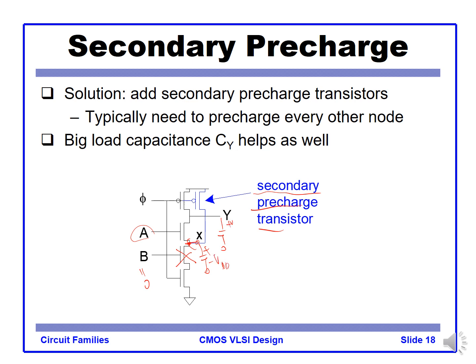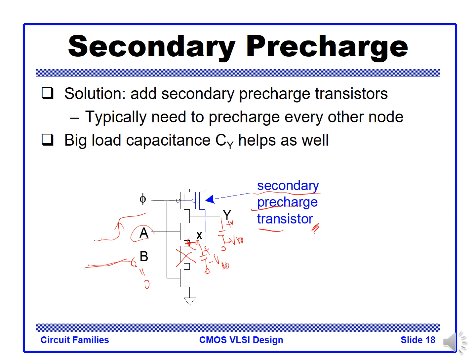During the precharge, Y was also charged to VDD. So in the event that A makes a transition and B stays 0, there's no charge sharing even when A is activated, right? So this is the secondary precharging circuit we might require.